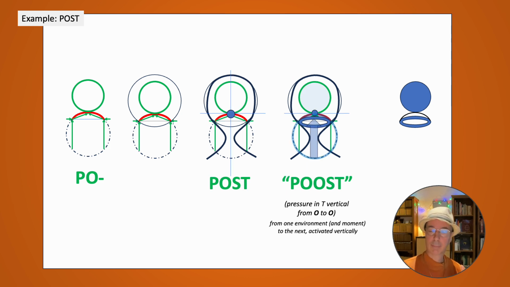But here I had post a little bit more, but it's actually expressed as post with a double O. And it emphasizes also a little bit that we jump here actually from one circular environment to a new circular environment. So from one point to another point in a direction of t.